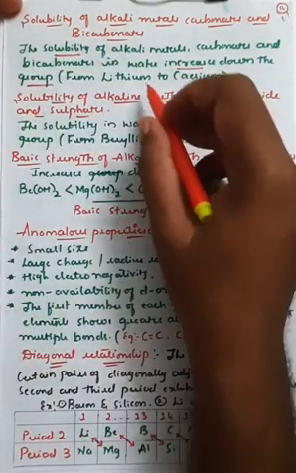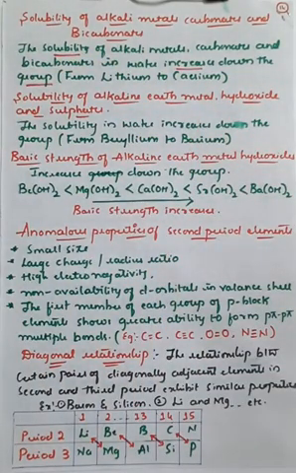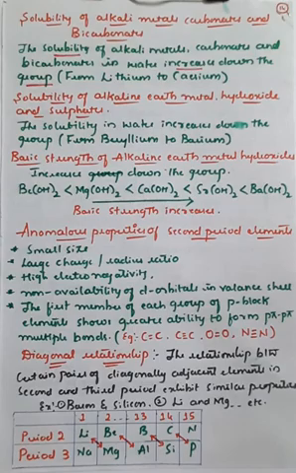Whenever you come from lithium to cesium, that value goes on increasing, which means the solubility of lithium is very less and it is maximum for cesium. Cesium can dissolve very easily in water, right?